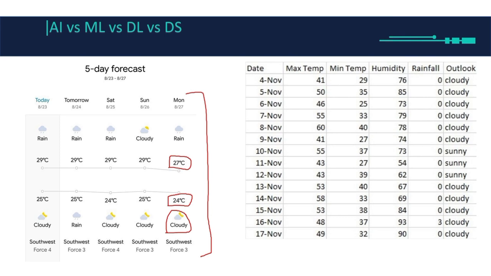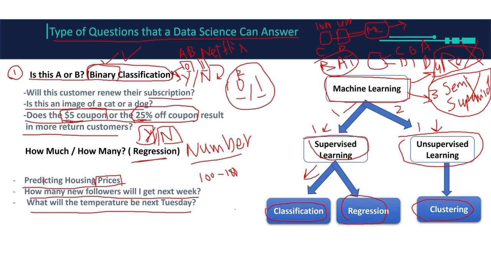If the outlook was cloudy, sunny, and rainy, let's say we have 3, since the output is text, it's going to be what? Categorical. But if it's temperature, it's going to be what? Regression. So what will be the temperature next Tuesday? This is a regression problem.